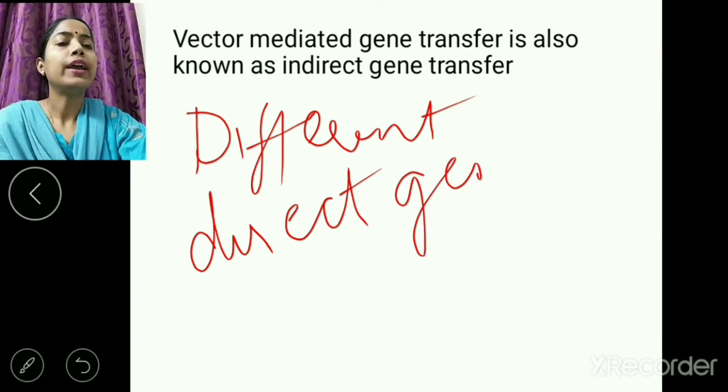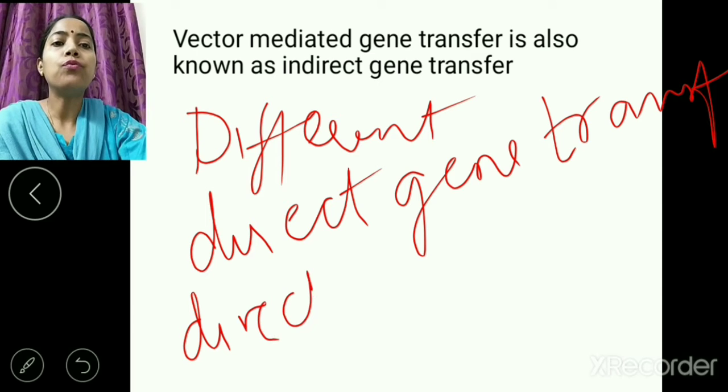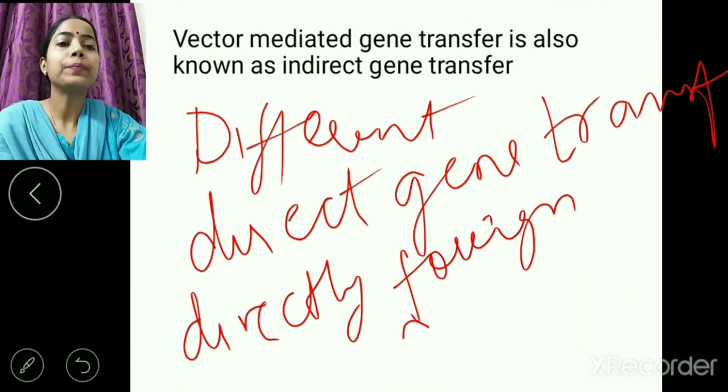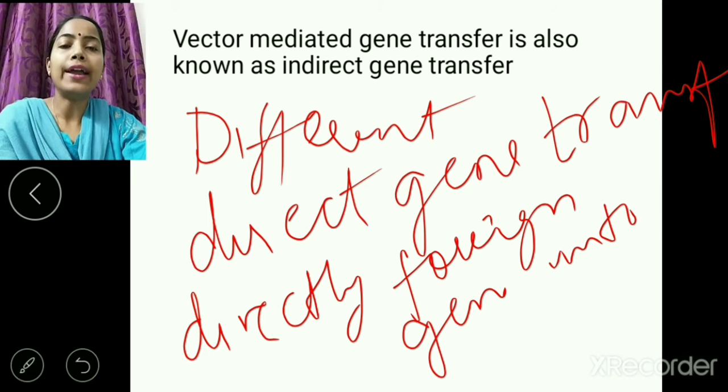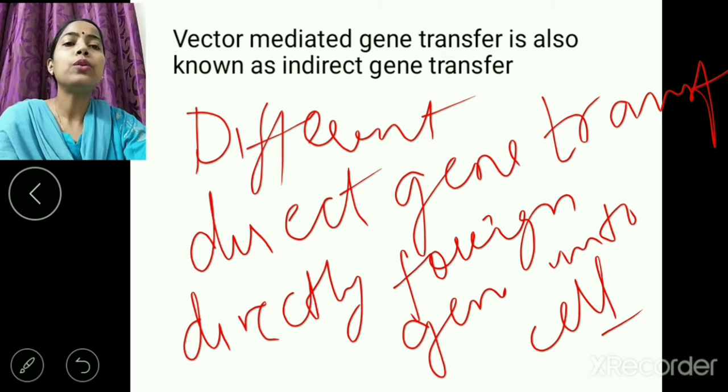In direct gene transfer we directly inject the foreign gene or desired gene into the plant cell or animal cell or microorganisms. So here we use such methods where we are directly injecting the genetic material into the cells, whether they belong to microorganisms, plants or animal cells.